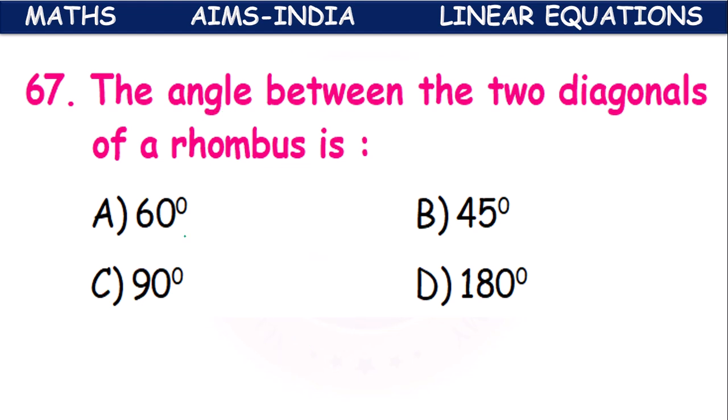Rhombus means it's a structure like a kite whose all sides are equal. If you draw diagonals in a rhombus, they will perpendicularly bisect. They will intersect perpendicularly. So 90 degrees.